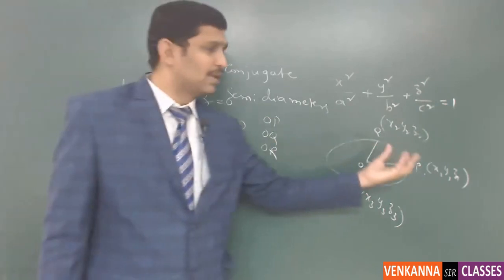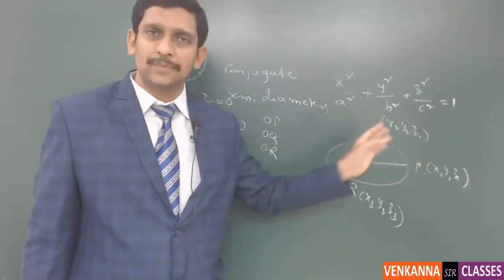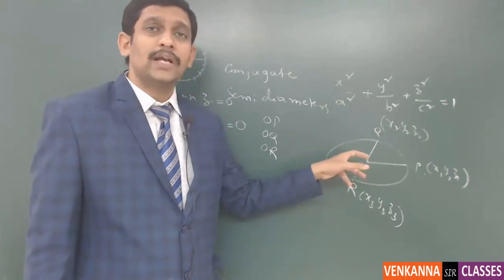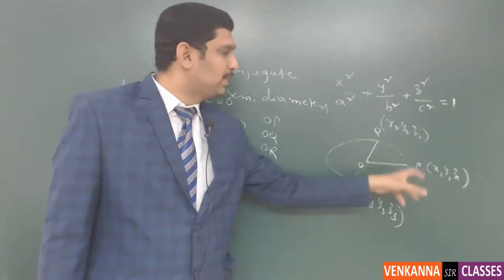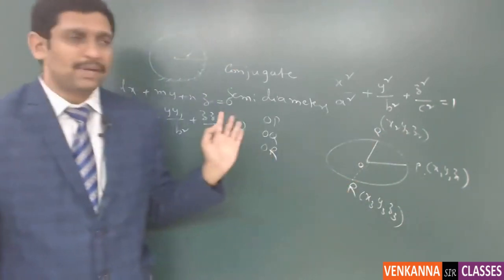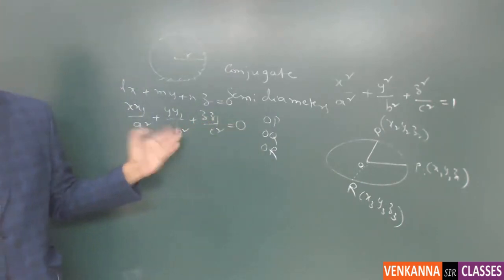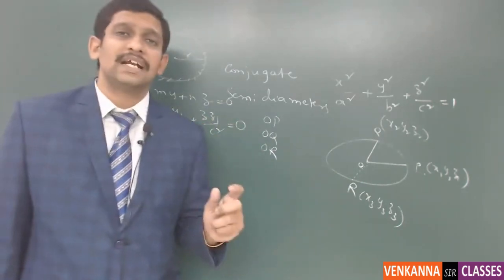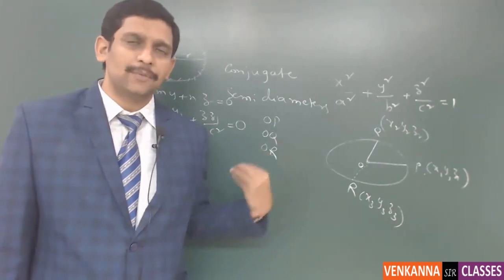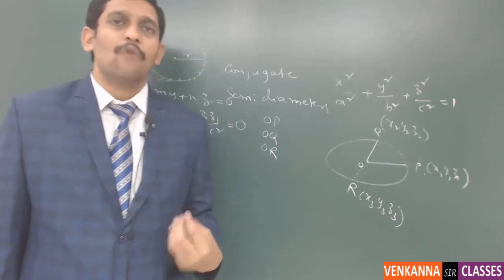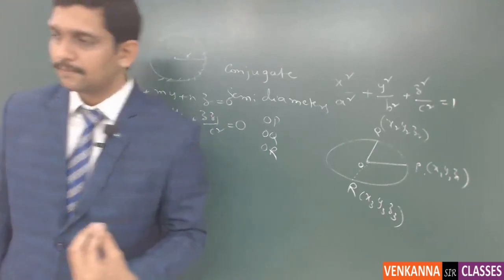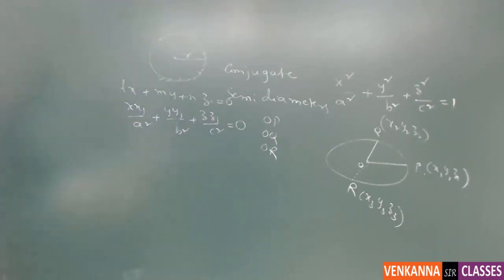So, whenever you consider the 3 conjugate semi-diameters drawn from the center of the ellipsoid origin to the points P, Q, R, if you consider the respective diametral planes using this formula for each point, they will satisfy certain kind of properties. Those properties, I am listing them now. You please take a note of them. While solving the problems, these properties are very much useful for us. Okay? You take a note of them. I am going to list out them.